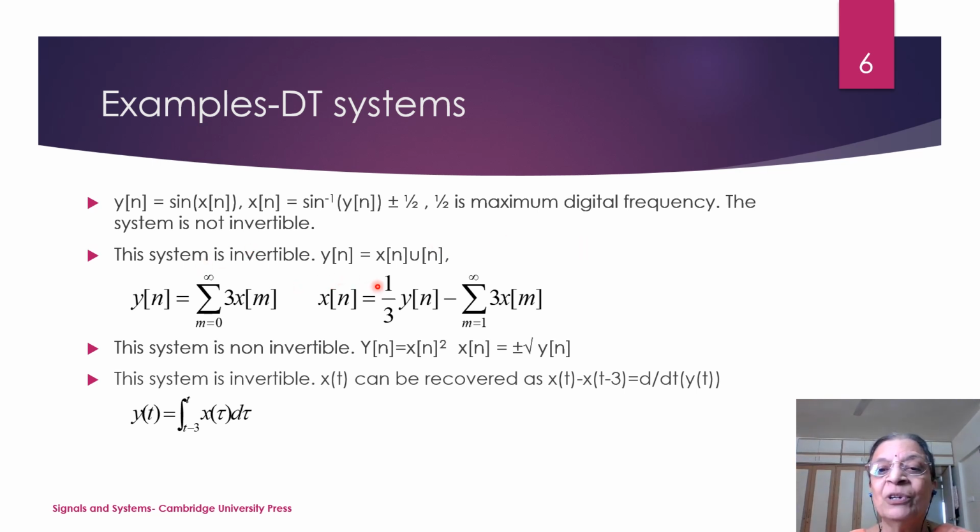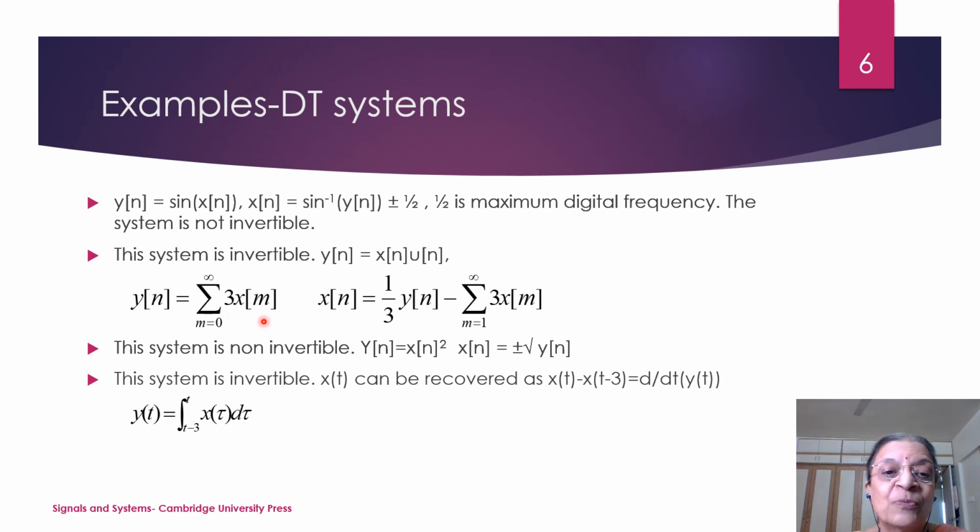Consider y[n] is equal to x[n] into u[n]. Now this system is invertible. How can I recover x[n]? What is u[n]? u[n] exists only for n equal to 0 to infinity, right. So how do I write y[n]? Suppose y[n] is written as summation m varying from 0 to infinity of 3 into x of m.